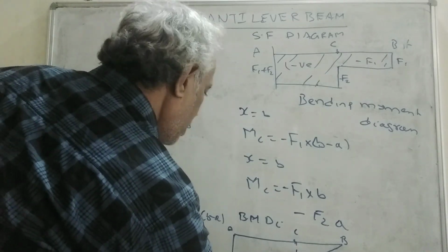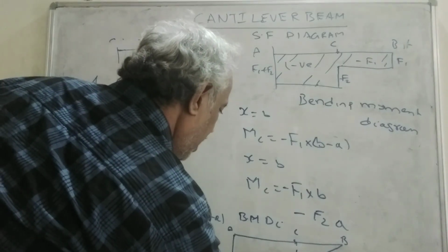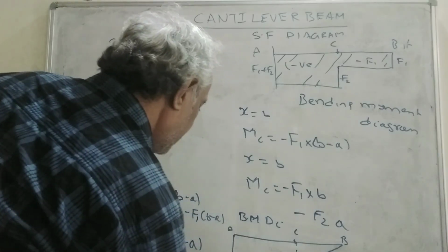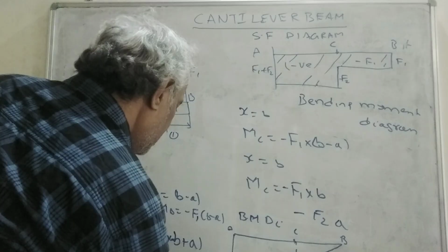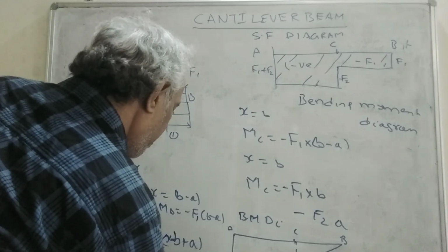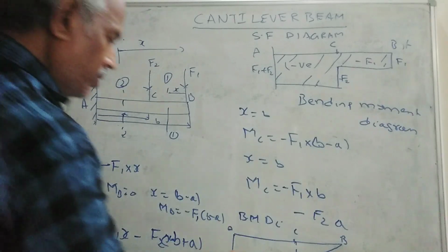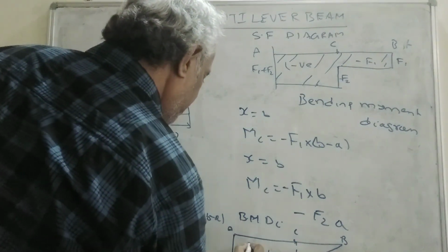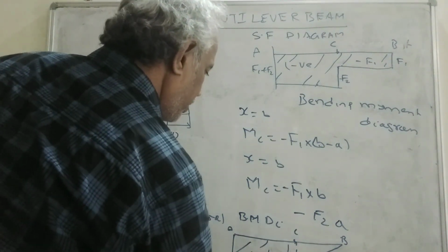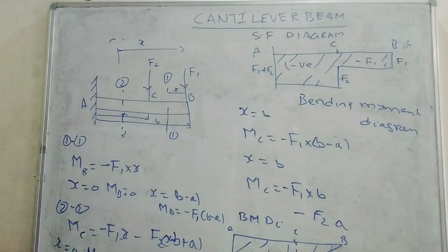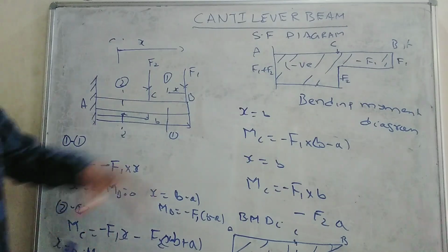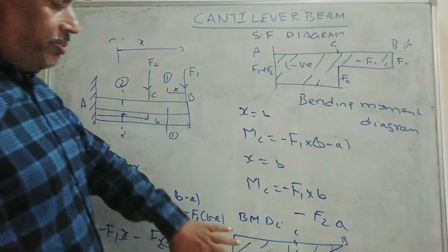This is minus F1 into B minus A, and this is minus F1 into B minus F2 into A. So this is also a negative bending moment diagram. So this is how you have to draw the shear force and bending moment. This is the shear force diagram, and this is the bending moment diagram.